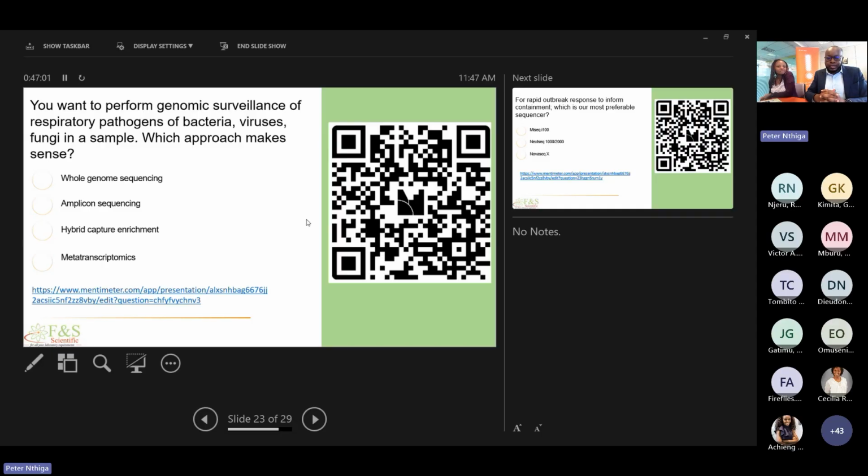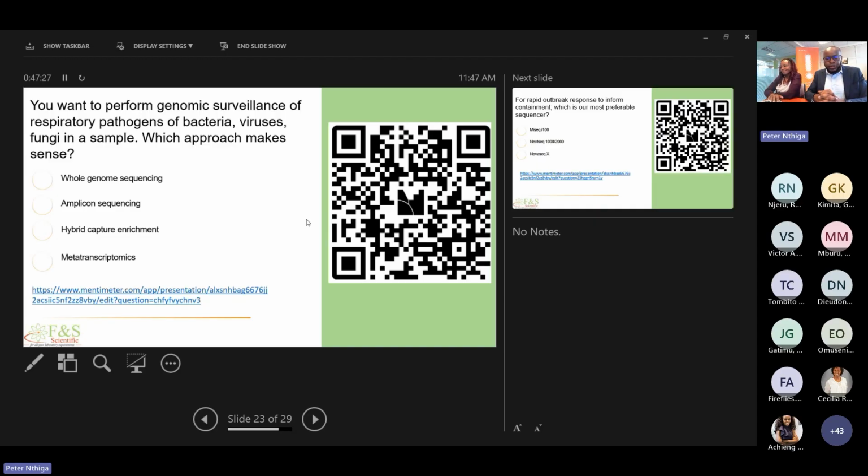For example, if you're using a shotgun metagenomics approach using the Illumina DNA Prep solution, you'll require about 10 million reads per sample to be able to get all these pathogens. So capacity here will be important. If the capacity is there, as one of our responders has said, we can go for that particular approach.